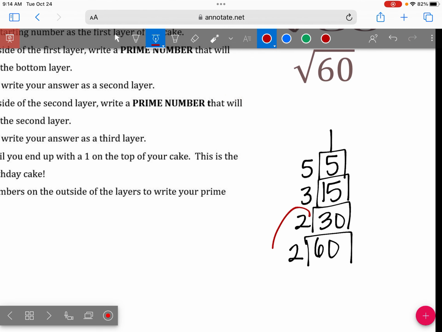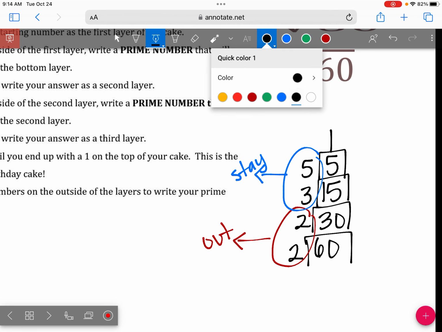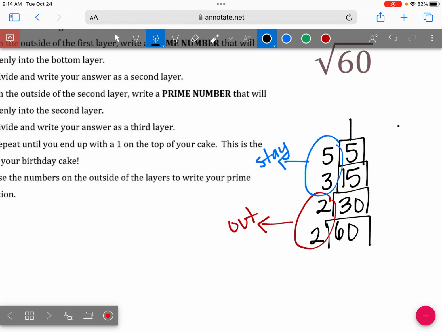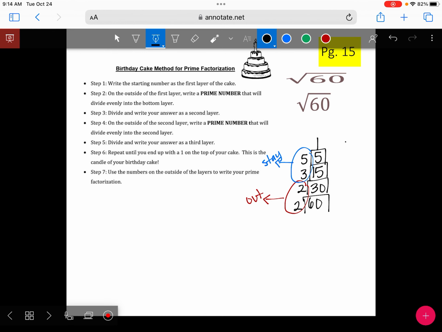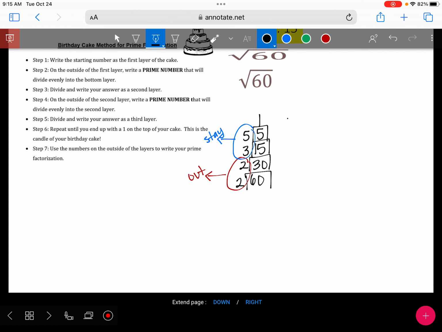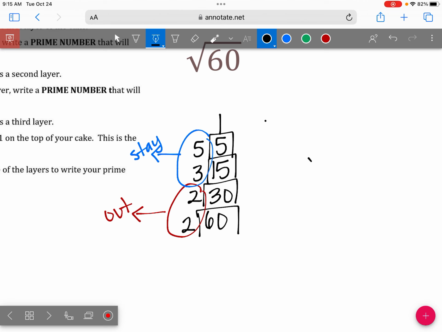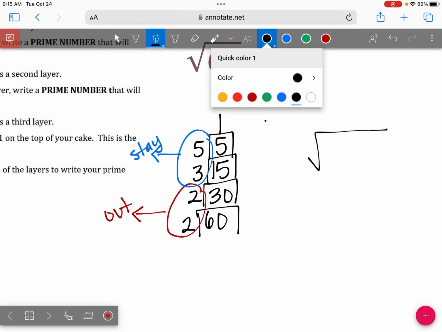So this can come out. This comes out. And these 2 numbers have to stay, because you have to have a partner. You have to have a pair, a pair of the same numbers to come out. So when I make my square root, put that 2 in the front.